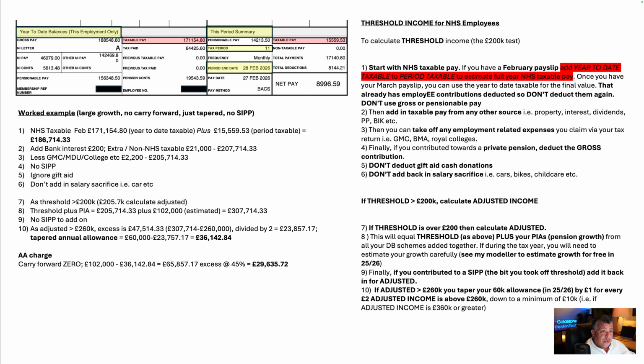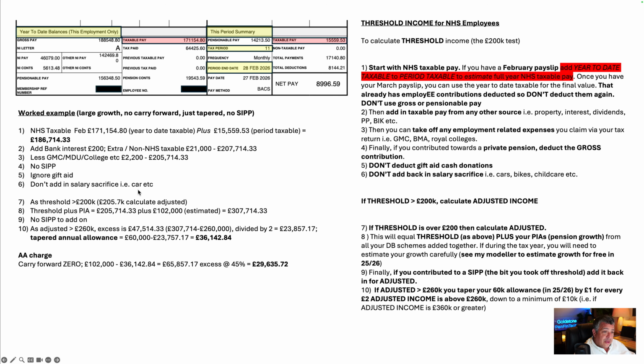So we'll take that payslip from that initial screen, and we're starting off by just adding year-to-date month 11 taxable pay plus period pay, and then we get an estimate here of 186,714.33.